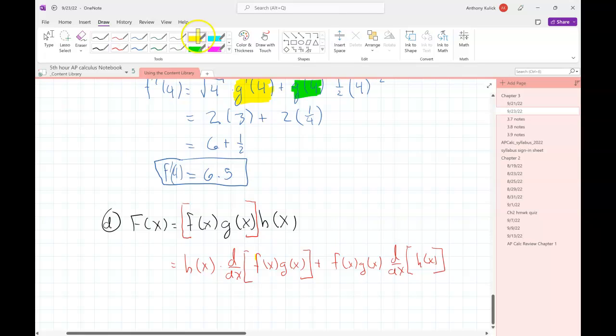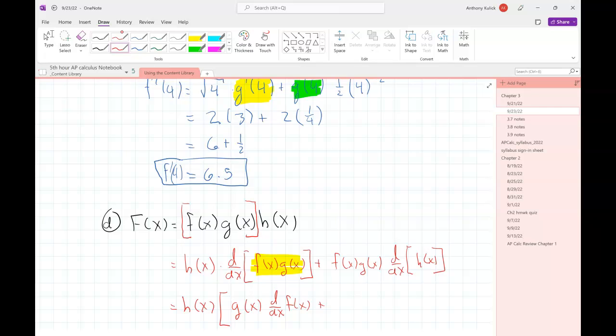And I notice here that to do that derivative is another product property. So that's going to be g of x times the derivative of f of x plus f of x times the derivative of g of x, and then all that stuff that I had written before.